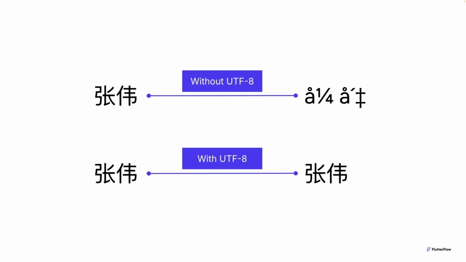If your app pulls data from a multilingual news API, decoding the response as UTF-8 ensures that all articles display correctly with proper characters and symbols regardless of language.